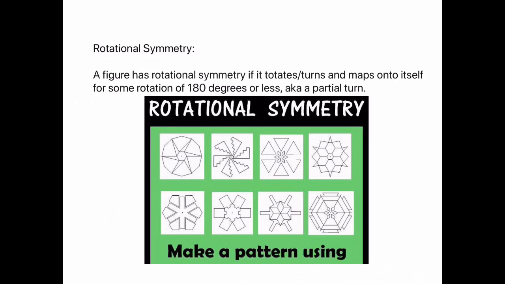And how you solve the degree of rotation is you figure out how many different pieces there are, so to speak, and then divide the whole thing from 360. So 360 divided by the number of pieces. So 1, 2, 3, 4, 5, 6 pieces here. So each piece is 360 divided by 6. So that figure has a rotational symmetry of 60 degrees.